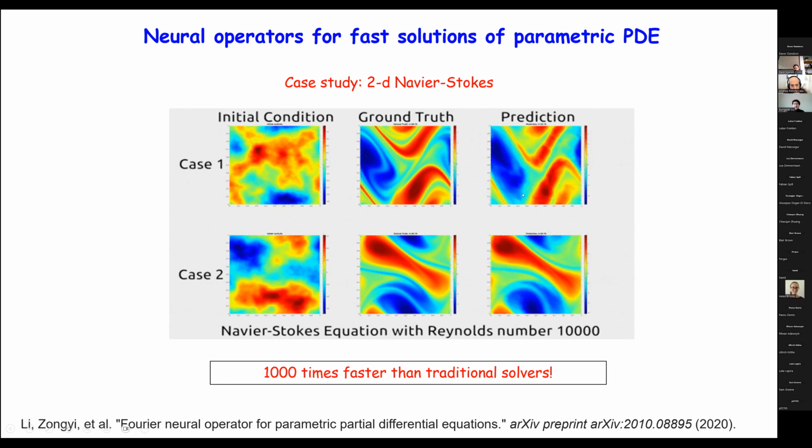You can see that the errors look quite similar, and the important thing here is that the FNO, Fourier neural operator, is 1,000 times faster than traditional solvers. So that really saves us a lot of time.